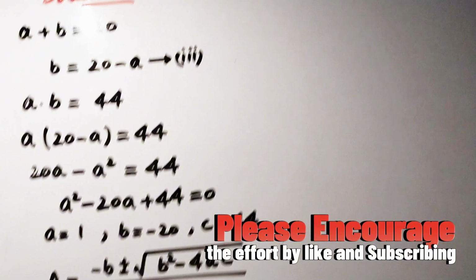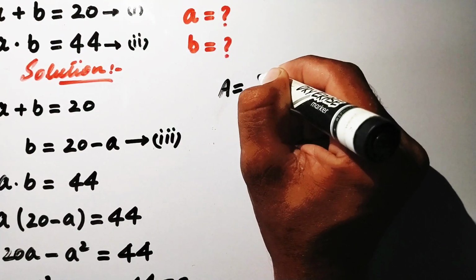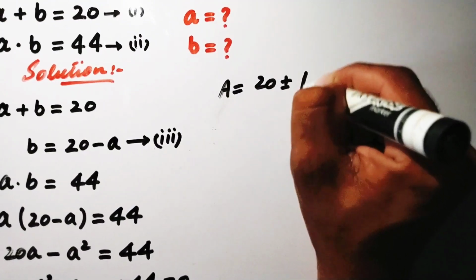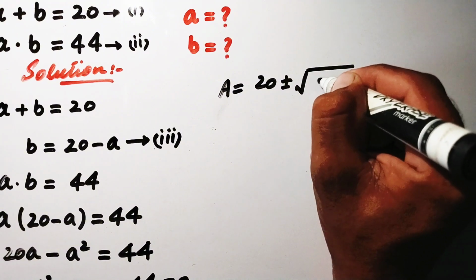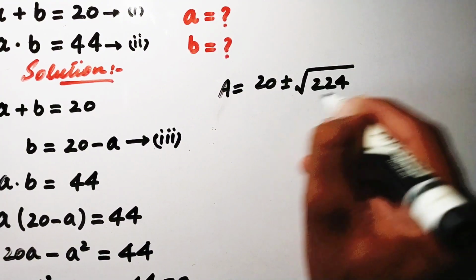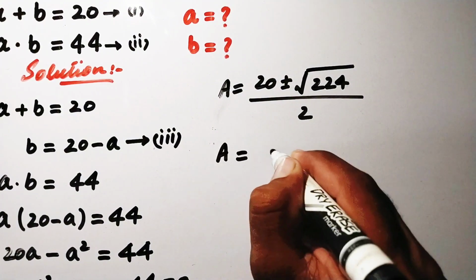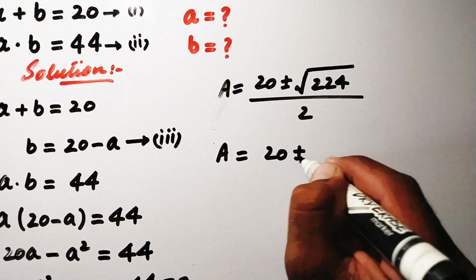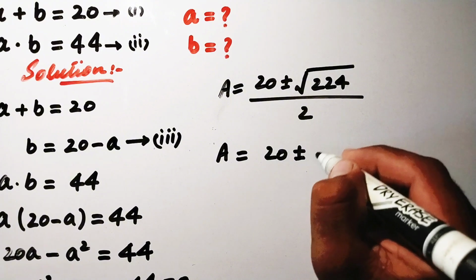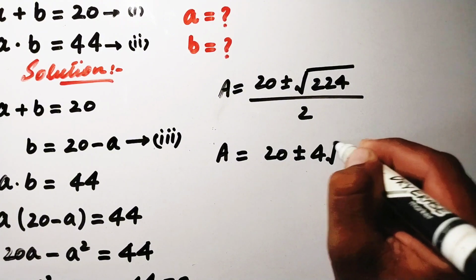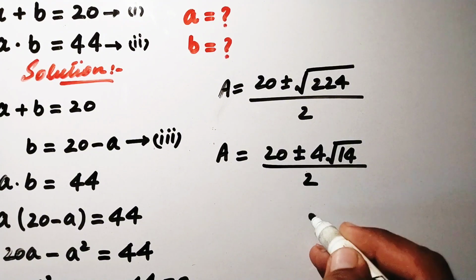Here a is equal to 20 plus or minus root of 400 minus 176, which is 224, divided by 2. Now a is equal to 20 plus or minus root of 224, which is the same as 4 times root of 14, divided by 2.